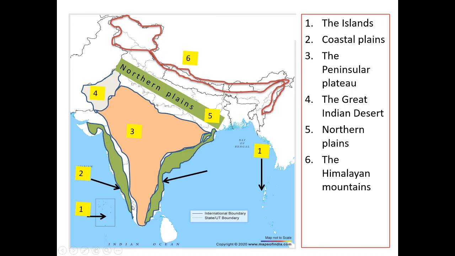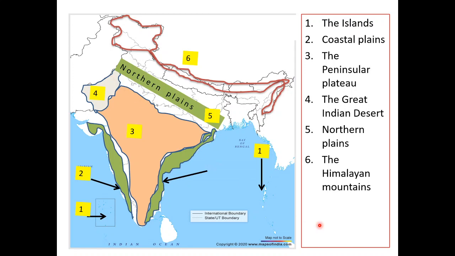These are the Western Coastal Plain, and these are the Eastern Coastal Plain. These are the narrow strips of plain you will find along the coastline of India.